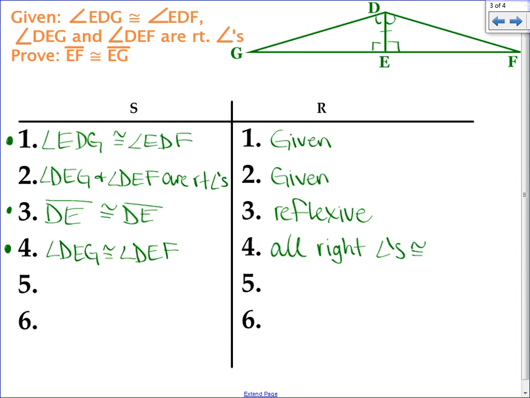Okay, so looking at the picture there, what shortcut do we have? ASA. Let's name the triangles properly though. Triangle what? Okay, we can go DEG. We just have to make the other one match. Yep.